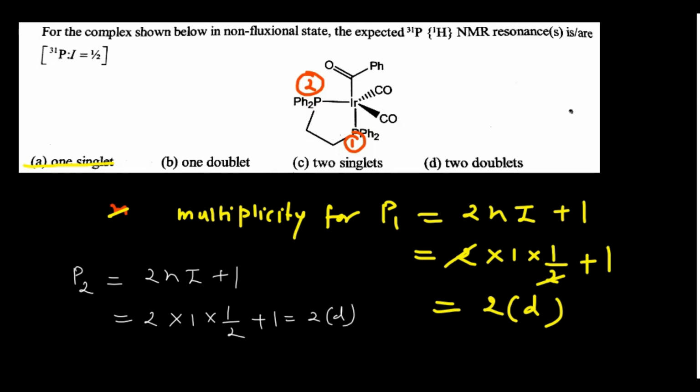So in the phosphorus NMR spectrum you will get two doublets. One doublet is this one and another doublet is this one. When you are getting the 2 doublets, it simply means your option D is the correct one. So option D here is the correct answer. This is how you can solve the problem. It's a very easy problem, nothing to worry about that, right?